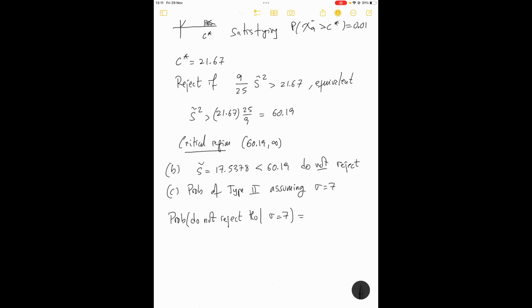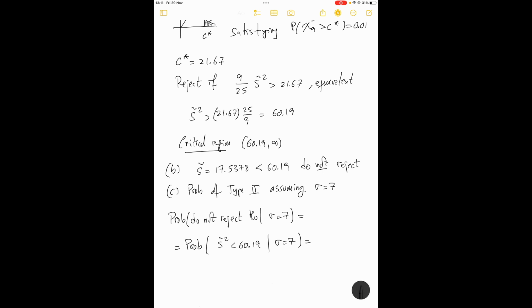We do not reject the null hypothesis when our S tilde square is less than 60.19, when sigma is equal to 5, sorry.